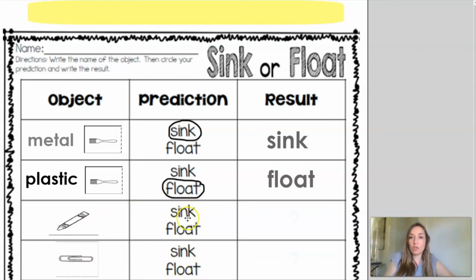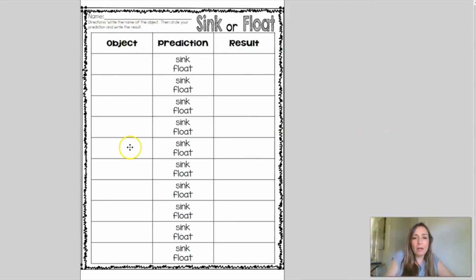Make your prediction, hypothesize, and then just conduct the experiment and let's see what happened.